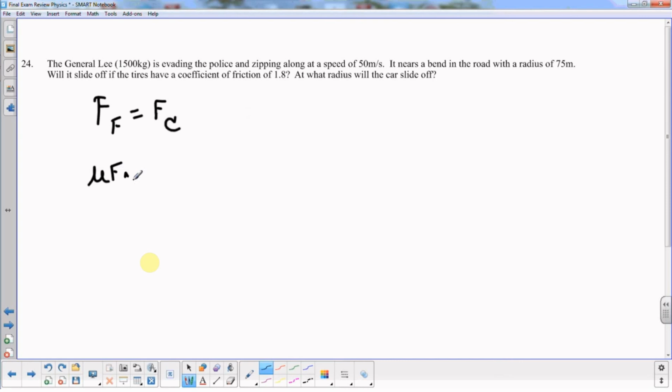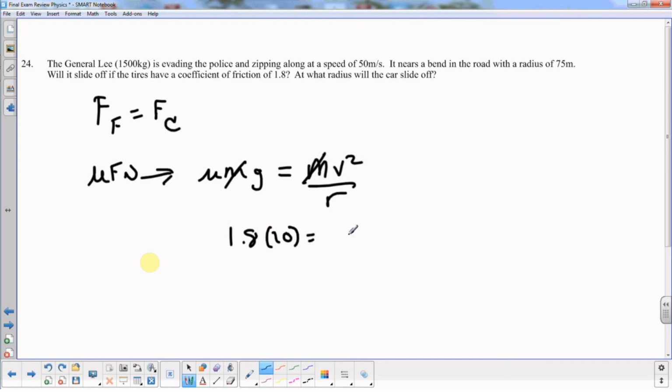F_f equals mu F_n, which is mu mg, equals F_c, and F_c is mv squared over r. Masses cancel, so I don't care how heavy the General Lee is. Mu, according to this, is 1.8 times 10, which is g, is v squared, 50 meters per second, squared over r, which is 75.